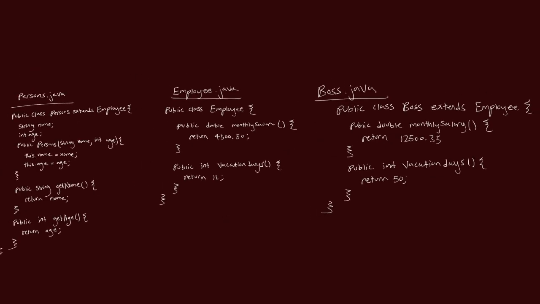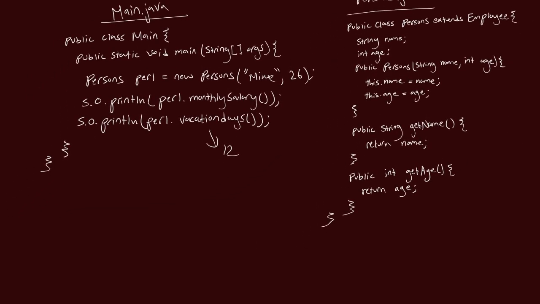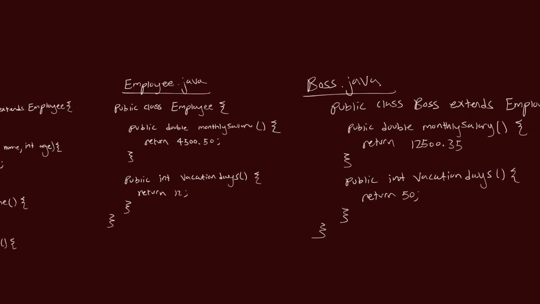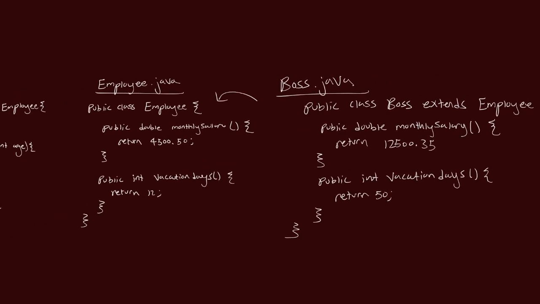Okay, so if we were to do instead boss equals new boss, and do system.out.println and get the boss's monthly salary, even though our boss class inherits everything from our employee class, we overrode those.